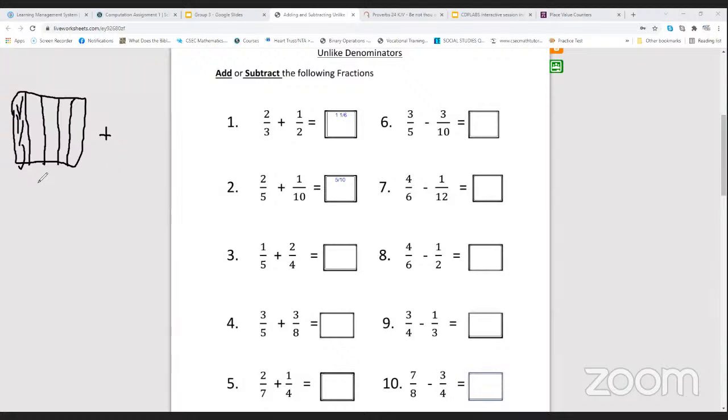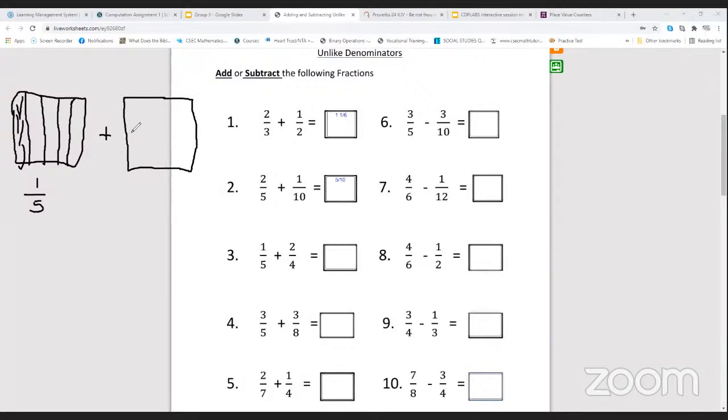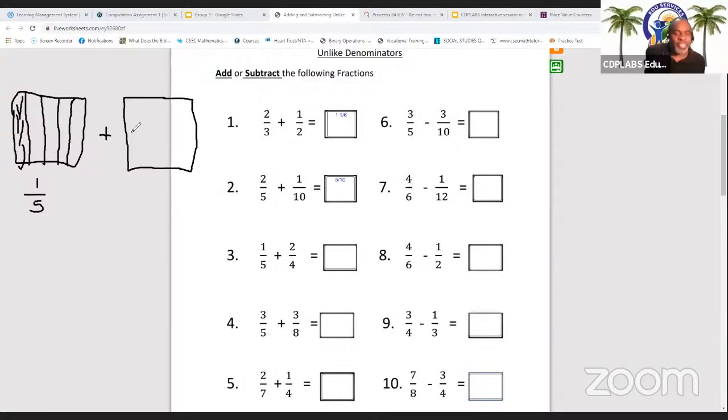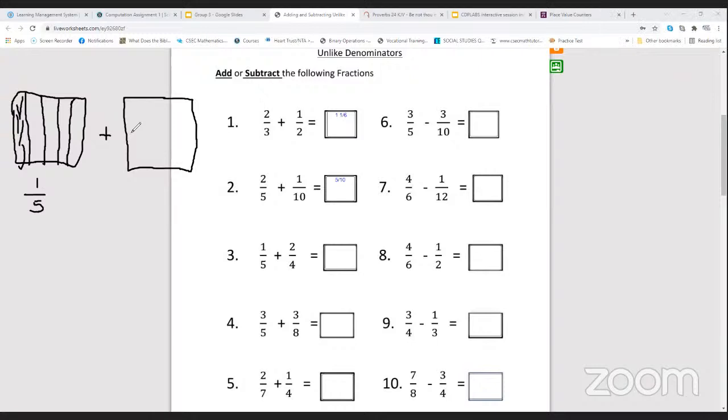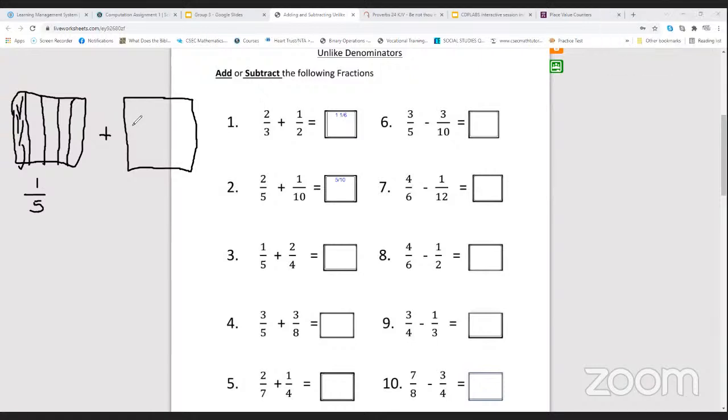Then you're going to draw a second rectangle with 4 parts. Sir, does it matter which way you draw it? Yes, it matters, because they're going to get confused afterwards. Let's draw it the other way then, sir.